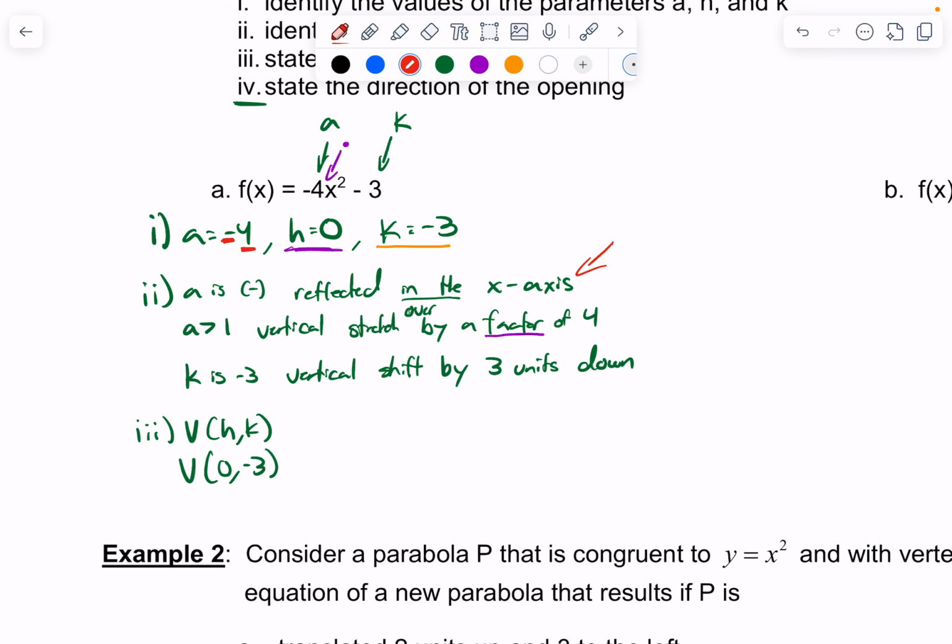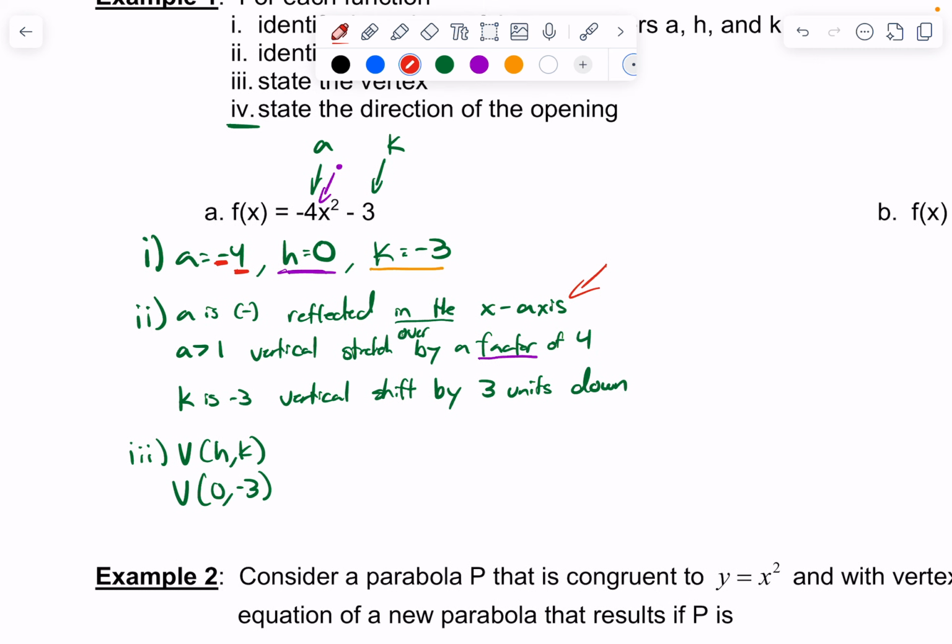And direction of opening is talking about, is a positive or negative? So in this case, we have a negative a. So to answer 4, the direction of opening, DOO, is down, because a is negative.